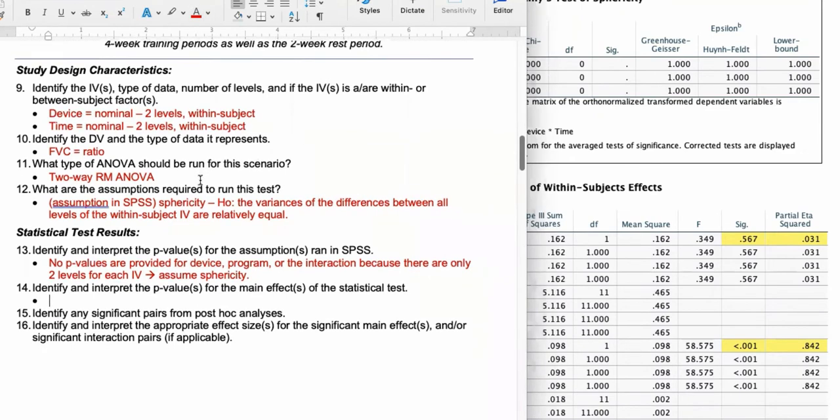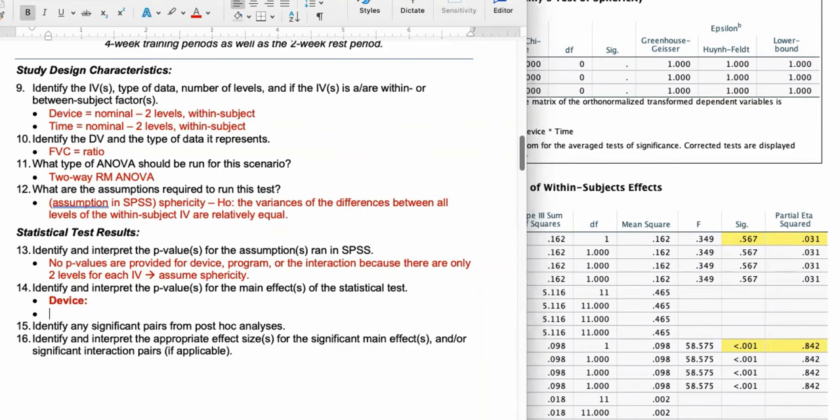How many main effects should I have for a 2-way ANOVA? Three. Yeah. All right. So we should have 1 p-value for the device that was used. So I'm just going to type device.